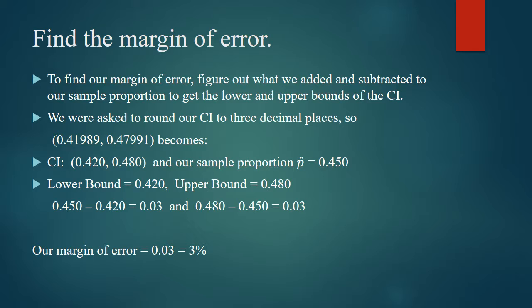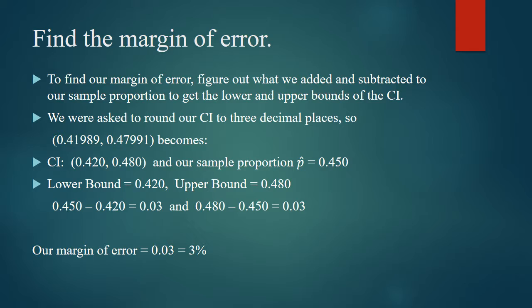And we had a sample proportion of 0.450. So our margin of error is the difference between that sample proportion and the lower bound, or the difference between the upper bound and the sample proportion. Our margin of error is what we add and subtract to our sample proportion to get those upper and lower bounds.